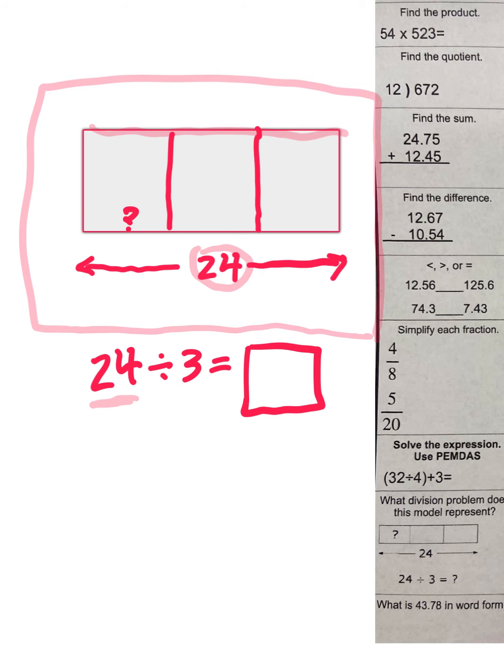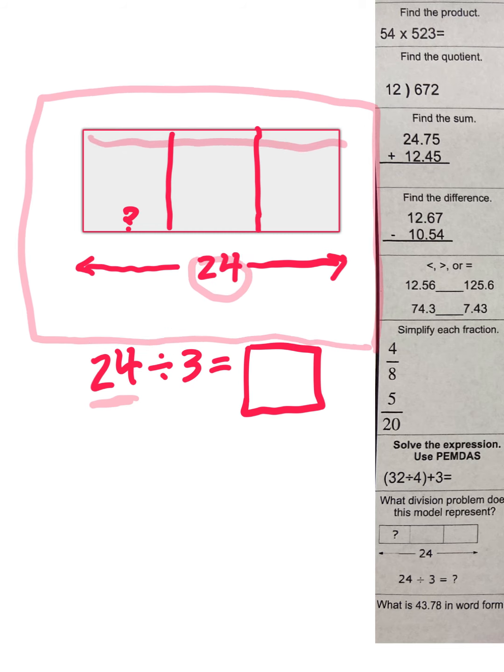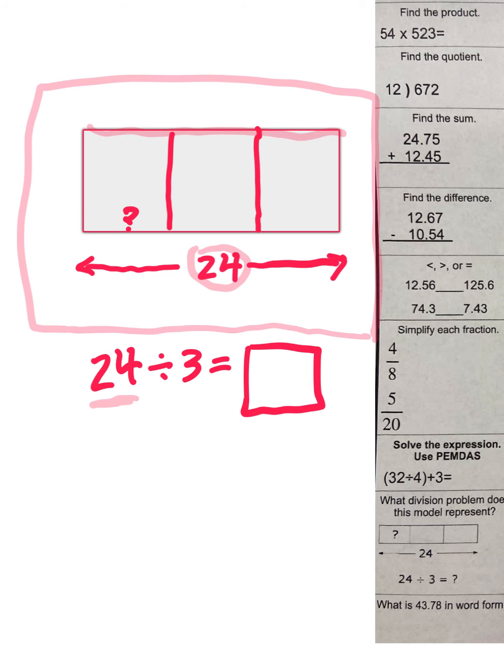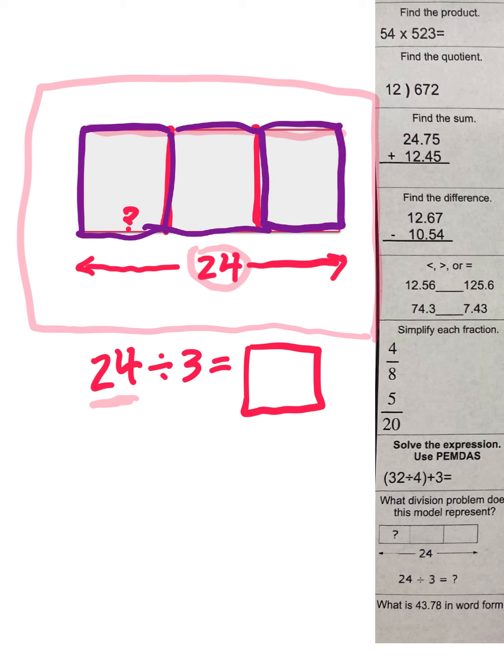I see that the rectangle is broken into 3 equal parts. Now that I see those 3 equal parts, I know that that's going to be equal to my divisor.